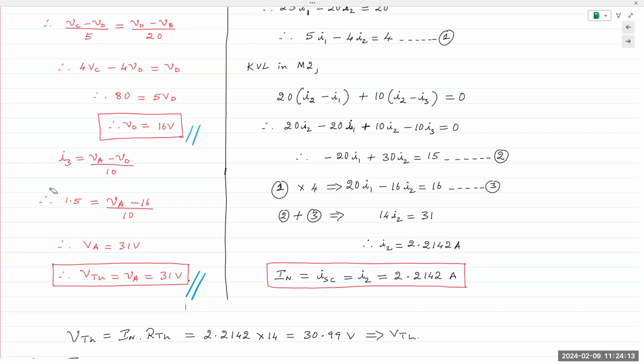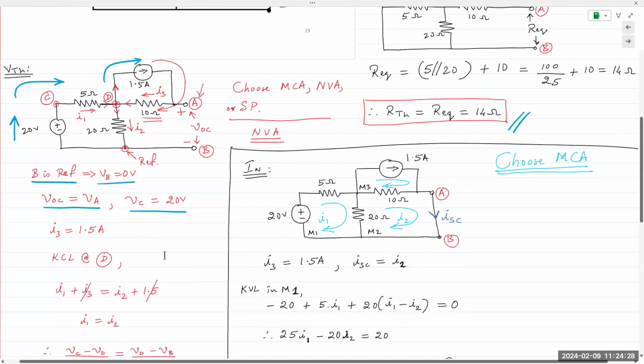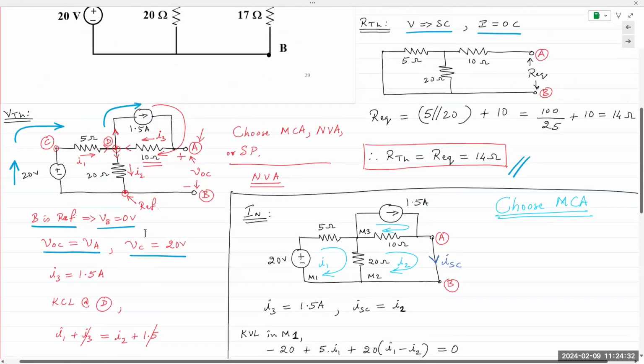Any questions at all? I mentioned in the past, I've solved this using superposition, right? So it requires 2 separate analyses just for that one voltage quantity.